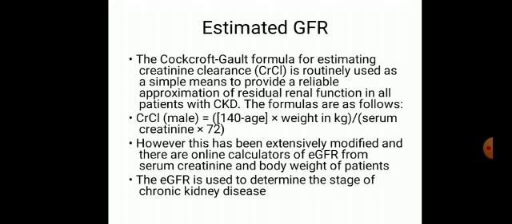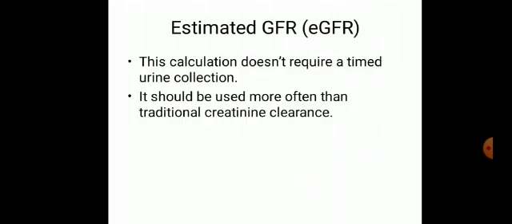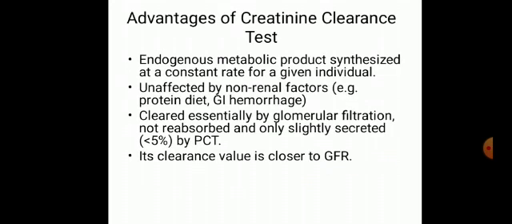However, this has been extensively modified, and there are also online calculators of estimated GFR from serum creatinine and body weight of patients. Estimated GFR is used to determine the stage of chronic kidney disease. The calculation doesn't require timed urine collection, which is an advantage, and it should be used more often than the traditional creatinine clearance.